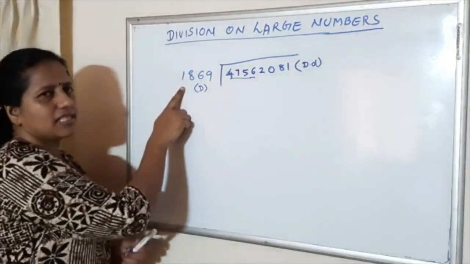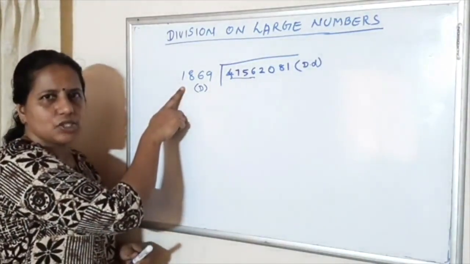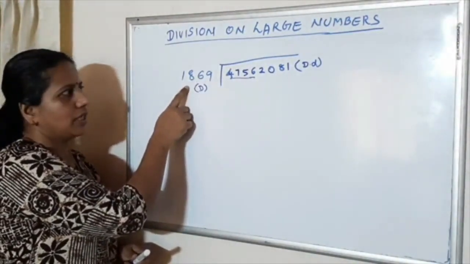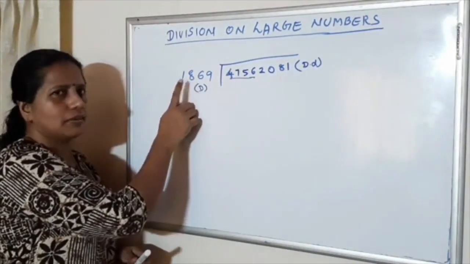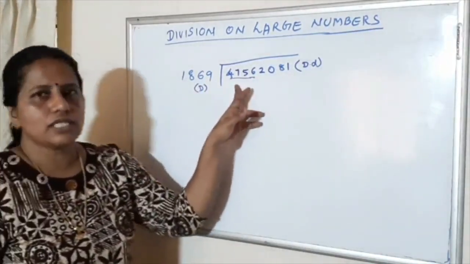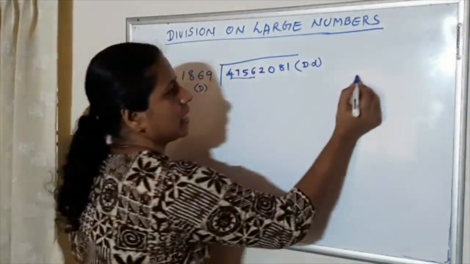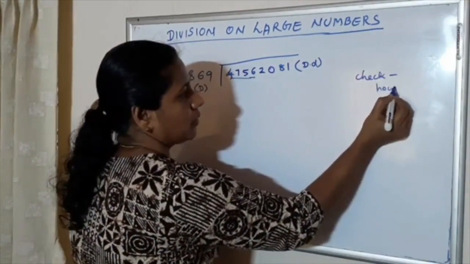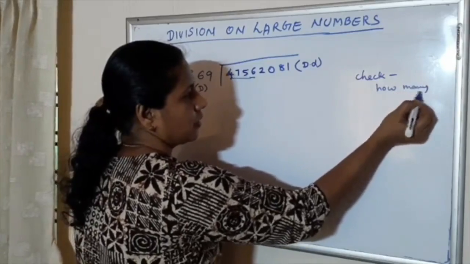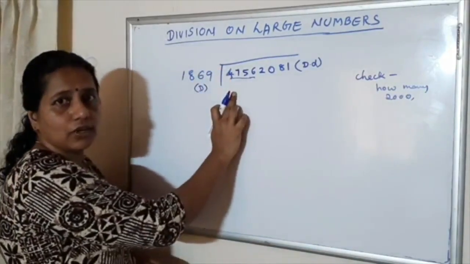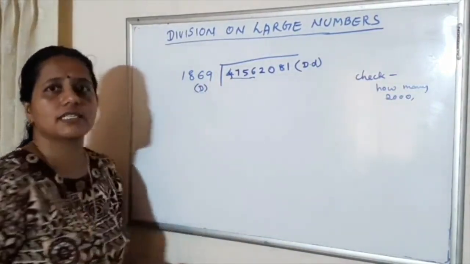Next, estimate this number. Nearest to 1000 is better. Okay. Because 1869, the estimate nearest to 1000 is 2000. Now check. After that check how many 2000 we can take from 4756.